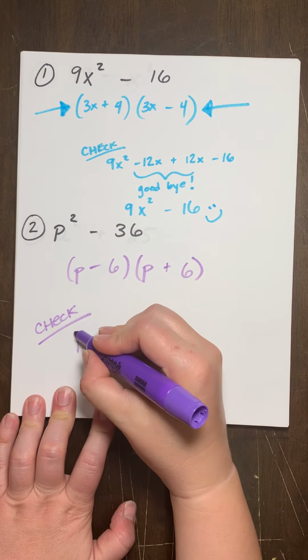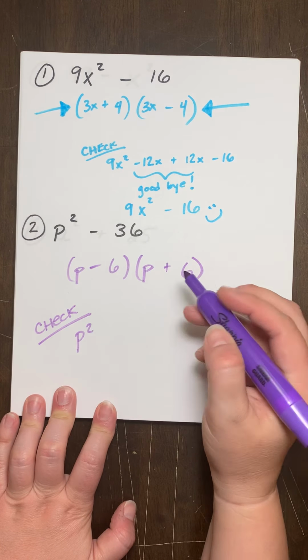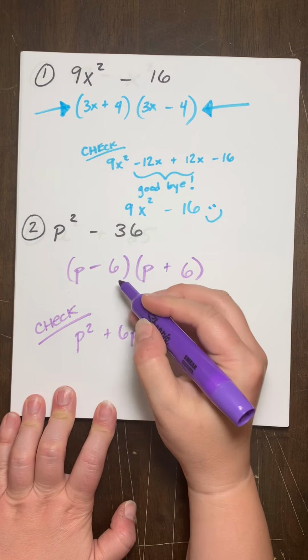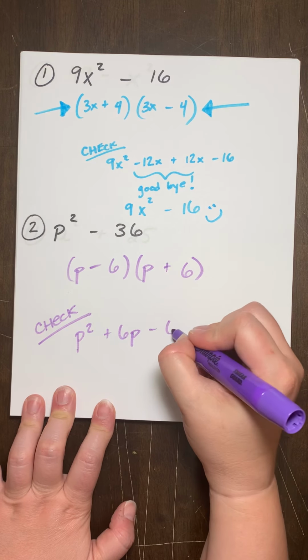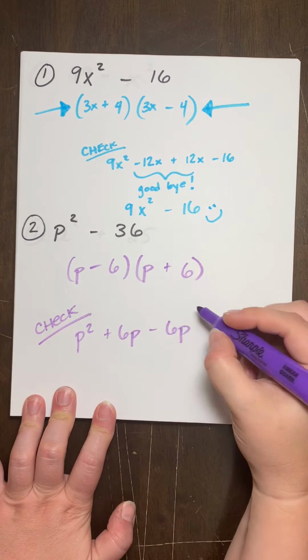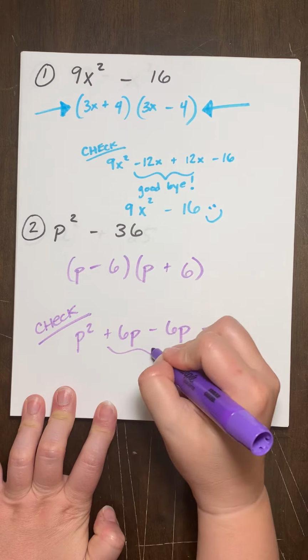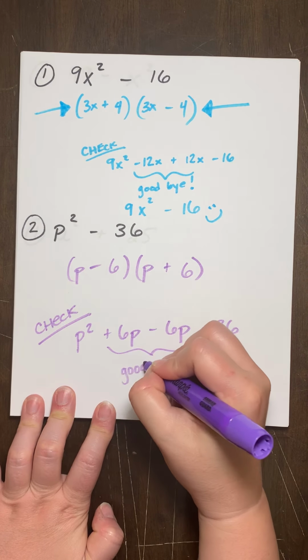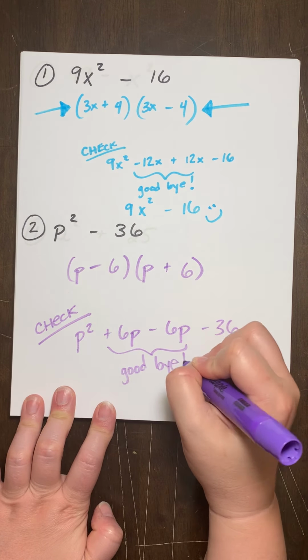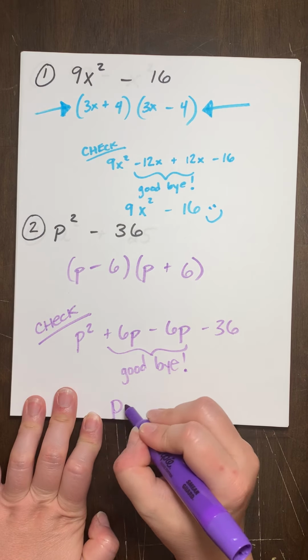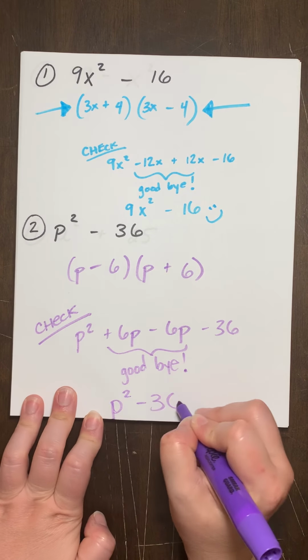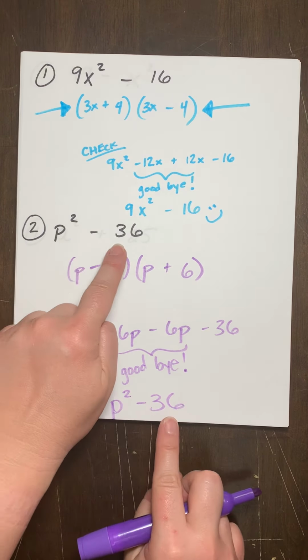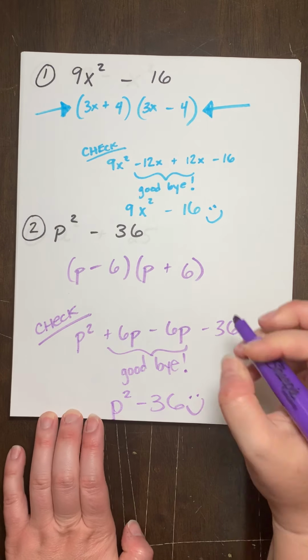P times p, p times 6, negative 6 times p, and 6 times 6, watch your signs. P squared minus 36, love it.